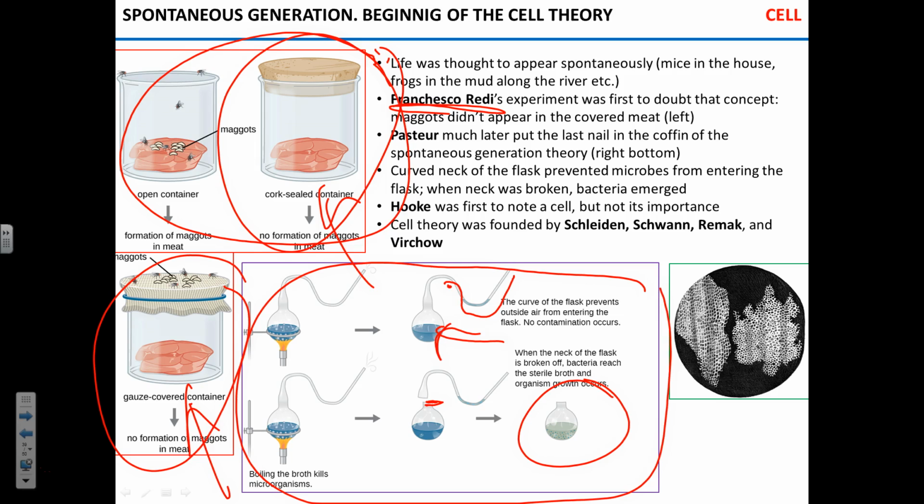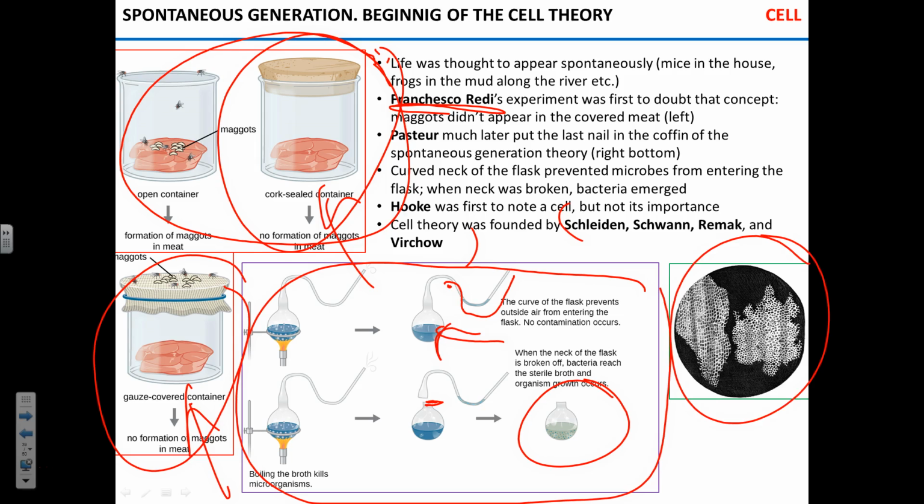Pasteur might have, because at Pasteur's time, these four fellas, Schleiden, Schwann, Remak, and Virchow, established the idea that the cell is the elementary biological unit, something that can reproduce and give rise to other cells, either by division, mitosis, or by differentiation, when one cell differentiates into another cell. So that was very important.